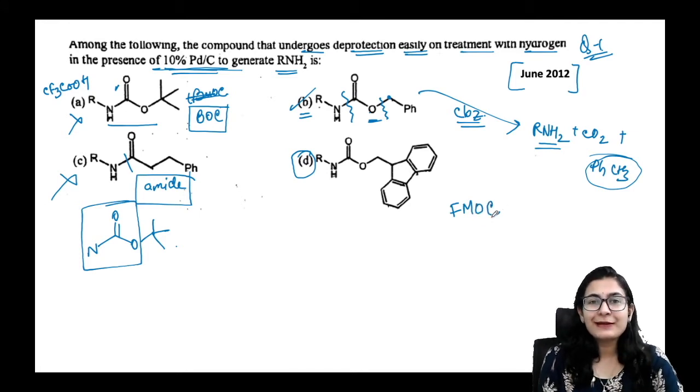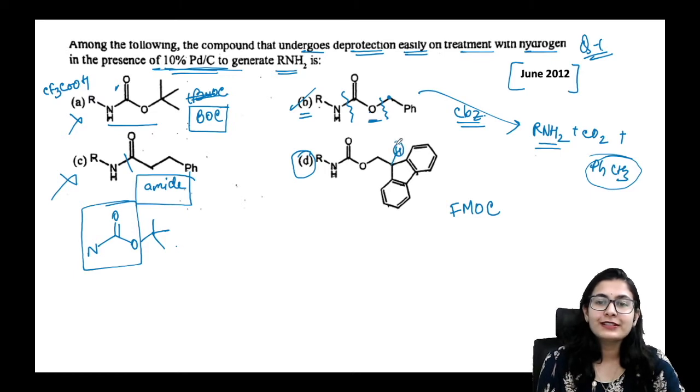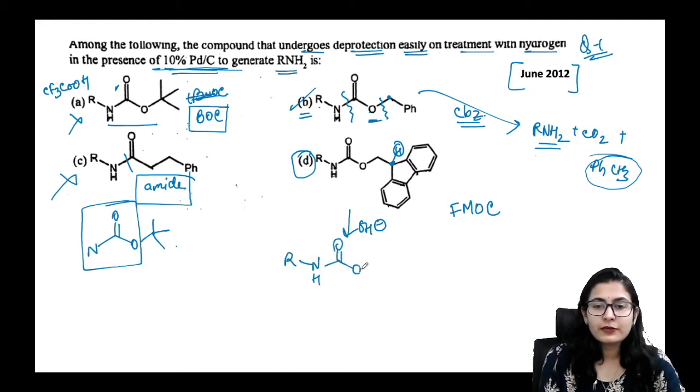And how is it deprotected, guys? It's a very nice mechanism you see over here. The proton which is on this carbon is going to be eliminated by a base. So how do we write it, guys? In the presence of a base, let's say OH minus or any other strong base, it is going to give you a carbanion, and look at the electrons of the carbanion.